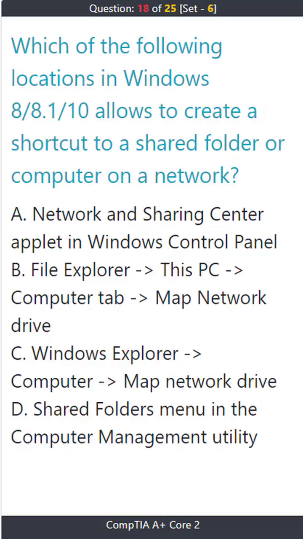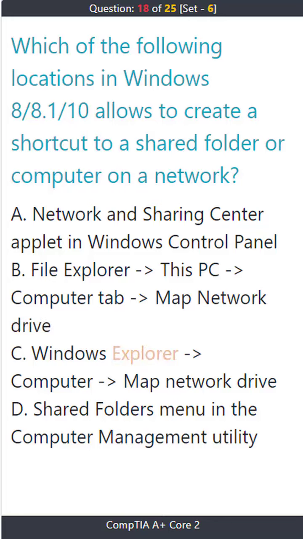Question 18. Which of the following locations in Windows 8/8.1/10 allows you to create a shortcut to a shared folder or computer on a network? A. Network and Sharing Center applet in Windows Control Panel. B. File Explorer - This PC - Computer tab - Map network drive.